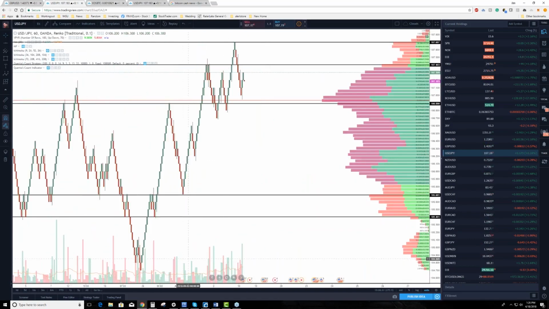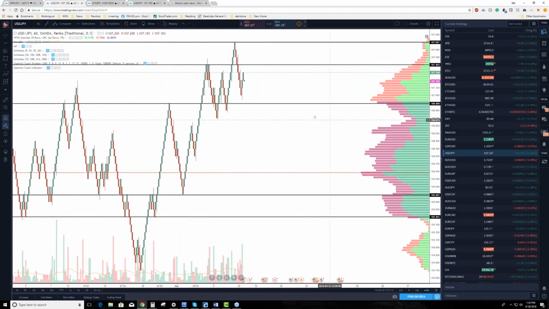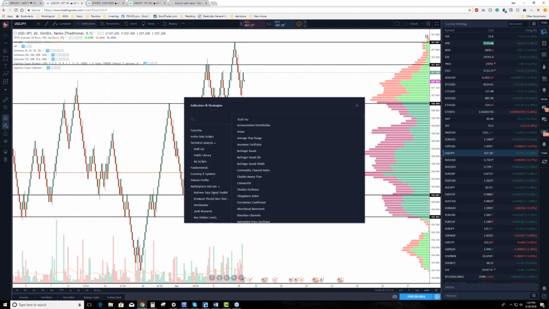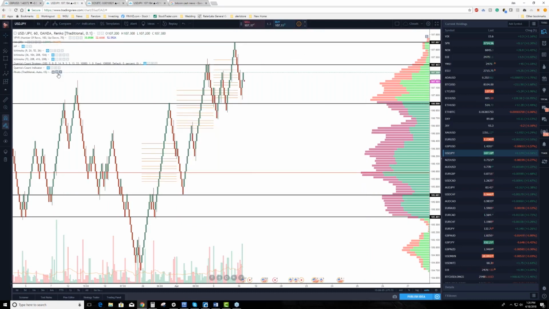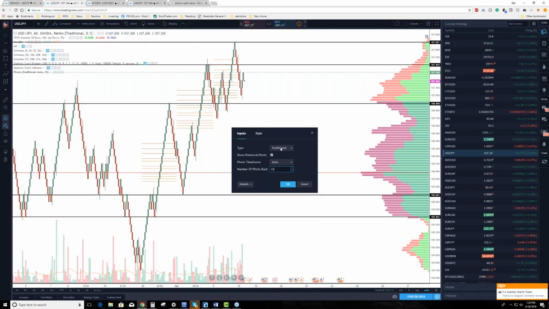The regular volume is kind of pointless for this type of analysis, but you can still use volume price analysis. You can use pivots. Use pivots here.